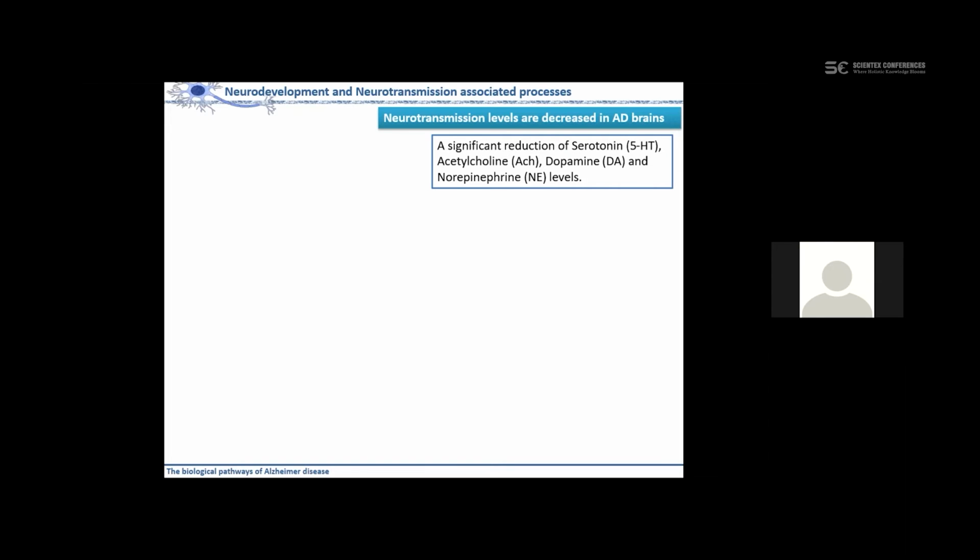In particular, in AD subjects, loss of serotonin results in depression, anxiety, and agitation. Dysregulation of dopamine release leads to reward-mediated memory formation deficit, and a low level of norepinephrine impairs spatial memory function.